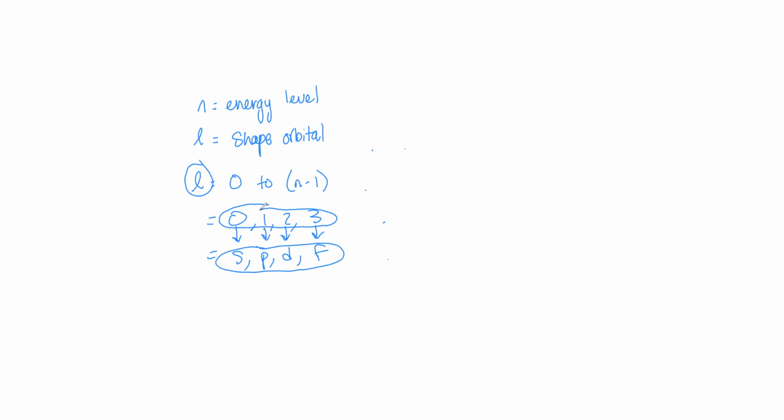So now I just want to explain how this works into our lecture. So we're going to talk a little bit about each one of these orbitals first. So the s orbital is a spherical shape.